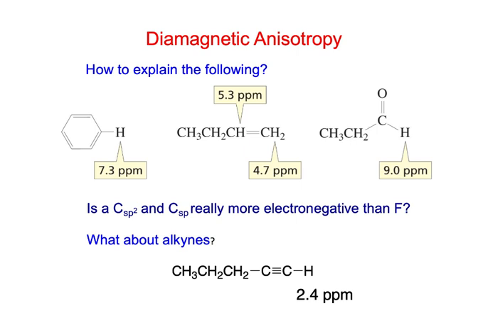All right, so we were just starting into what's called diamagnetic anisotropy, and this has to do with electron ring movements, or movements of electrons in aromatic rings, and not only rings, but in pi systems.